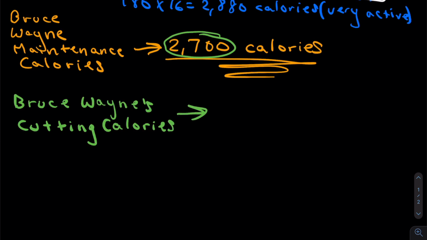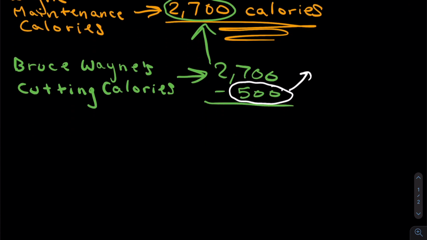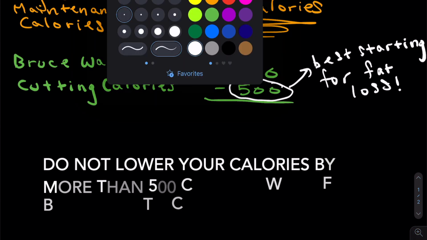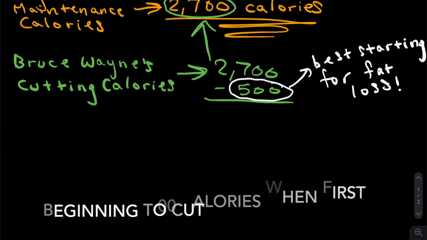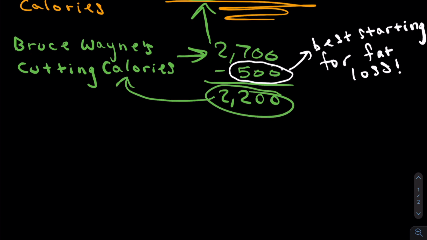So 2,700, coming directly from here, minus 500, because 500 calories is basically the best starting point for fat loss, is 2,200, which is the cutting calories. So this is the calories needed to cut.